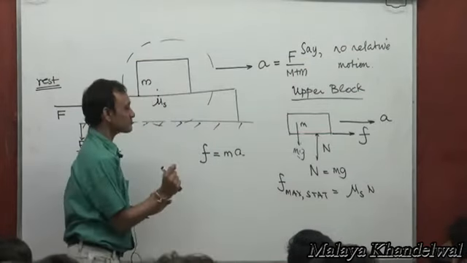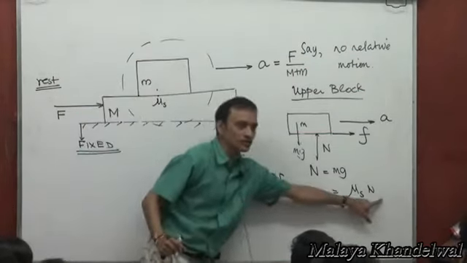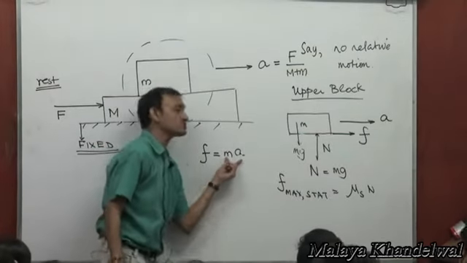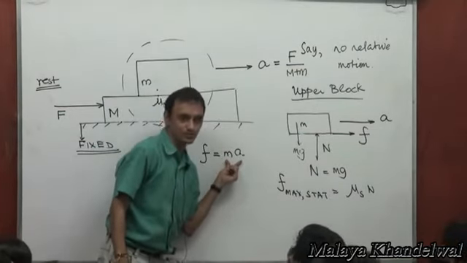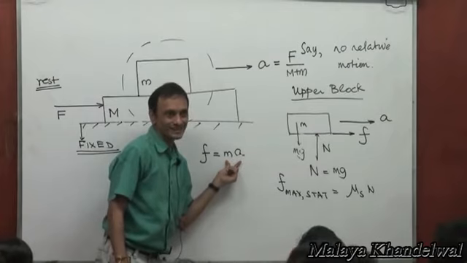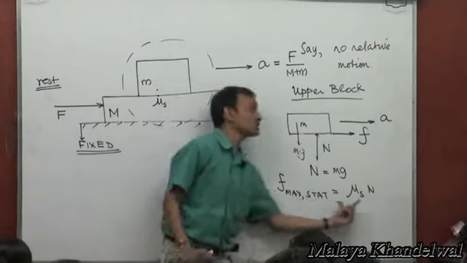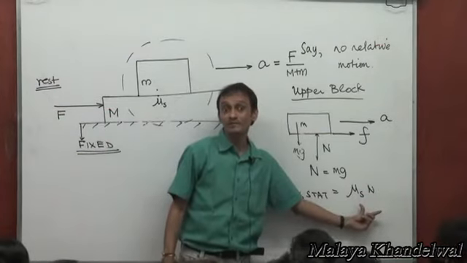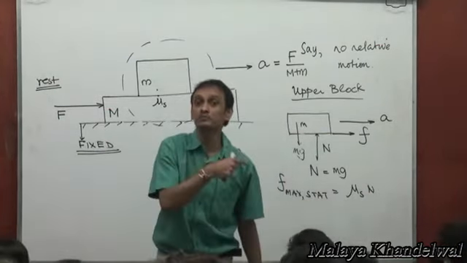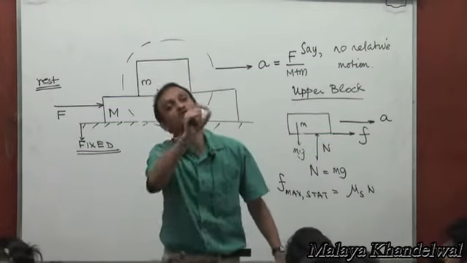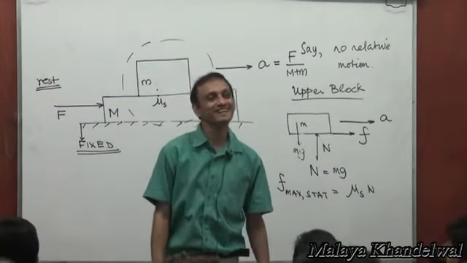But suppose this turns out on calculation to be 10.8 newtons and this turns out to be 10 newtons. Then how can the frictional force between the two bodies exceed maximum static friction? It can happen if your assumption is wrong, right?